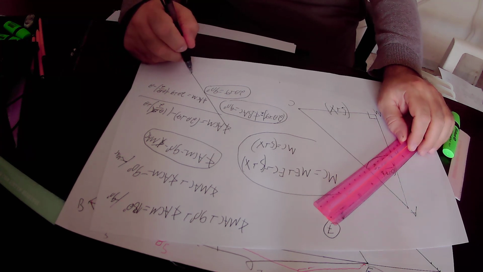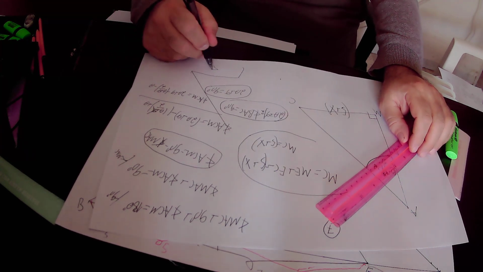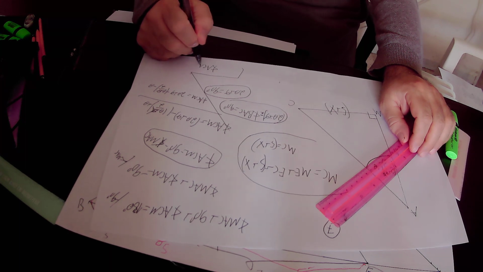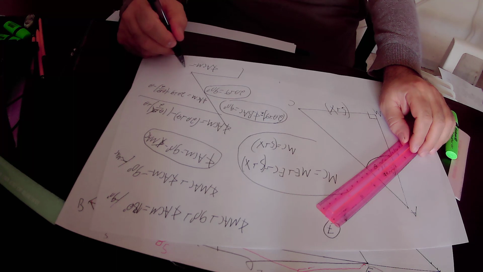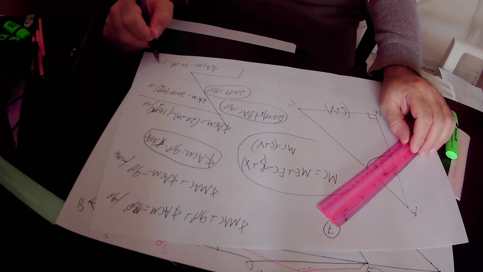So angle ACM is equal to 2 theta minus theta, which is theta, plus alpha minus alpha over 2.